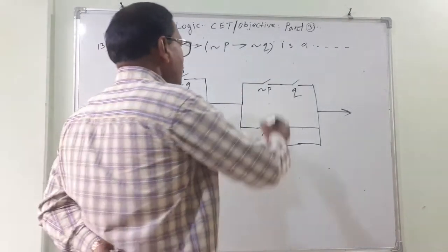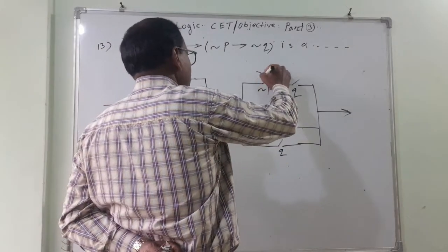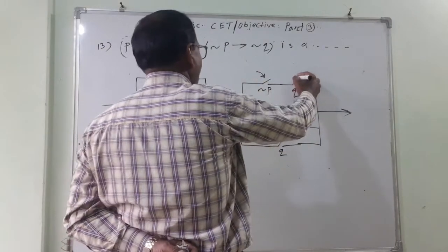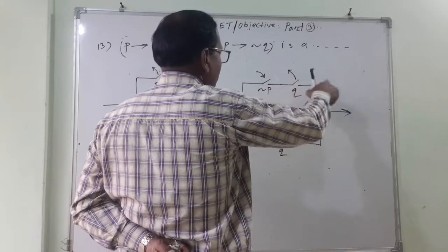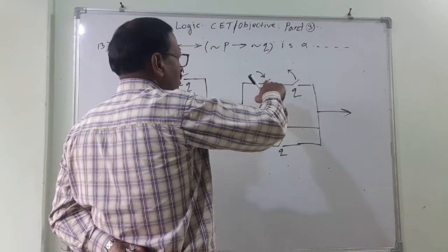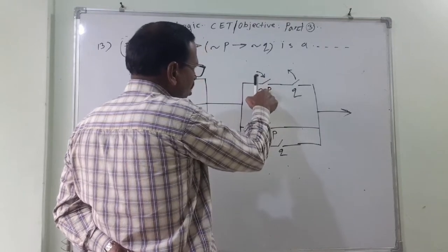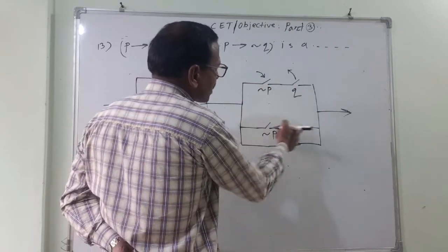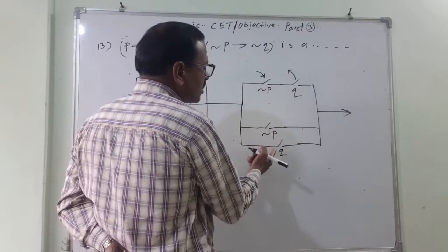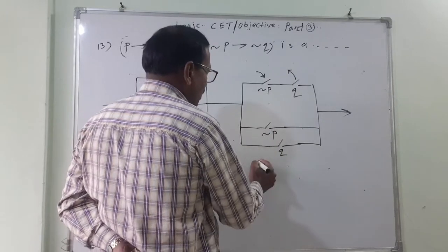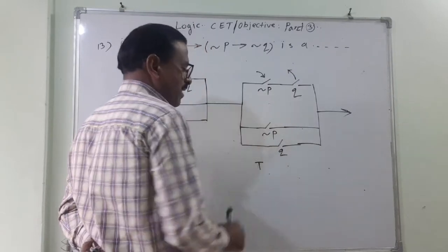Now for this, if this is on and this is off, from this branch no current will go, but from this branch the current will go. This is off means this is also off. Means I am getting true from this branch.